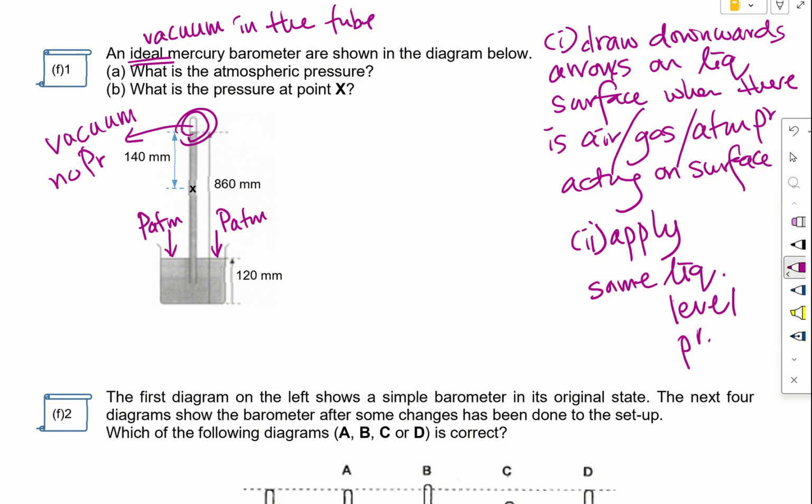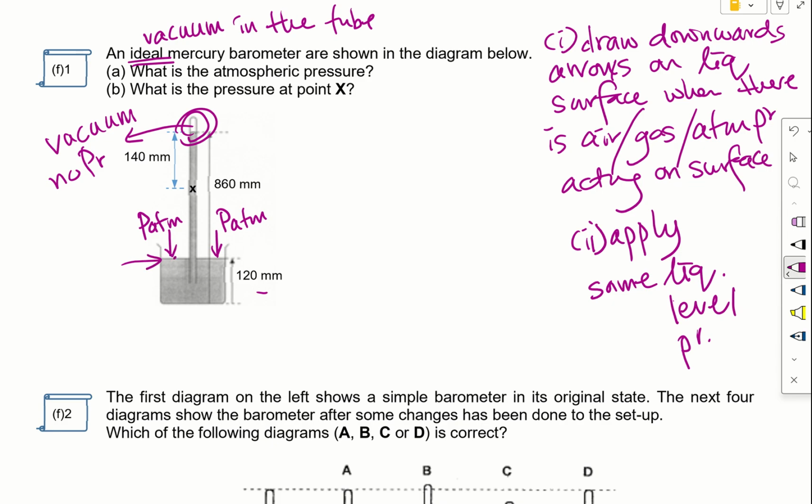I can first identify this part, whereby at this height we have same liquid, same level, same pressure. So the pressure at this line that I drew is the same throughout. But this part where I chose is not useful in helping me to solve the question. So I would actually use this part here.